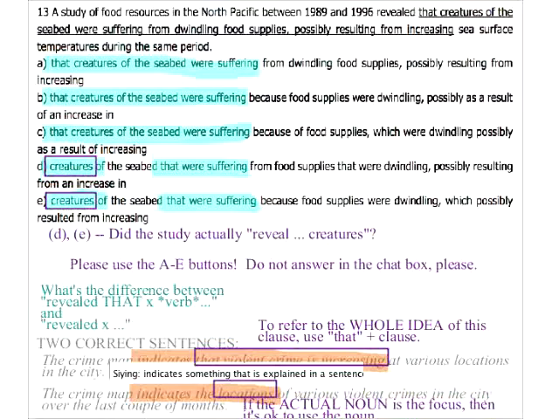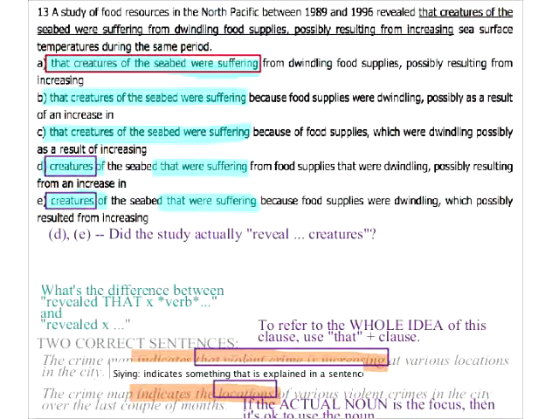Did the study actually reveal creatures? No, it did not. It showed the idea that the creatures' food supply was diminishing or whatever.